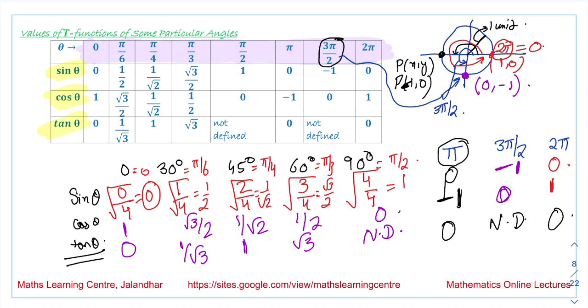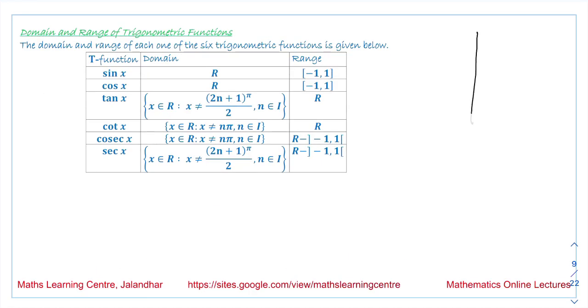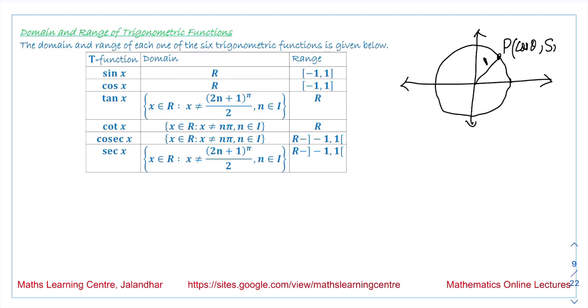Next we are talking about the domain and range of the 6 trigonometric functions. First of all, we are looking at the function sin x. How have we defined sin x? We have considered a circle of unit radius, and this point P is cos theta comma sin theta.